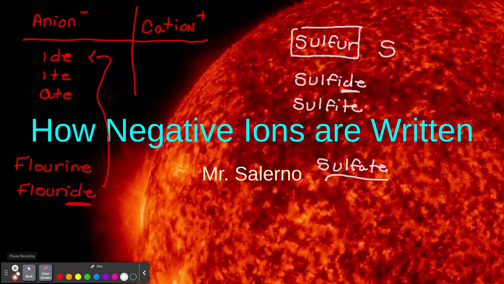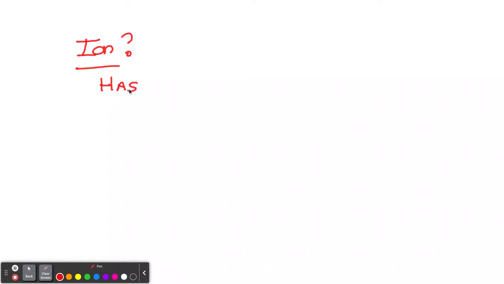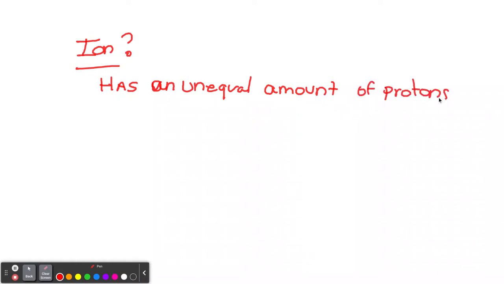So let's get a clean page going. And we should change the color. Let's use red. So let's go back to, first of all, we should know what an ion is. And I have videos on ions, but if you don't know, an ion has an unequal amount of protons and electrons.